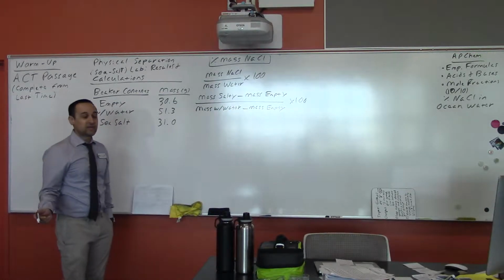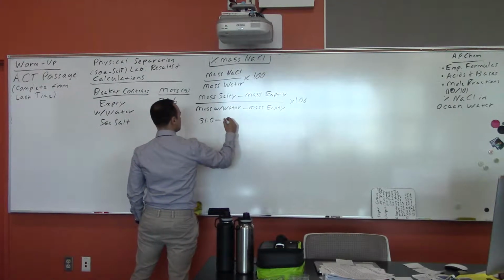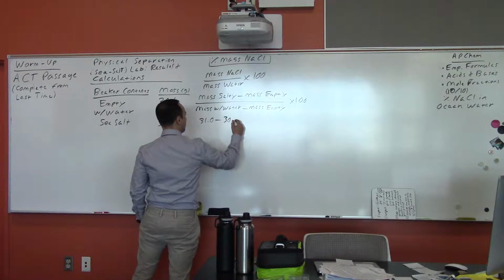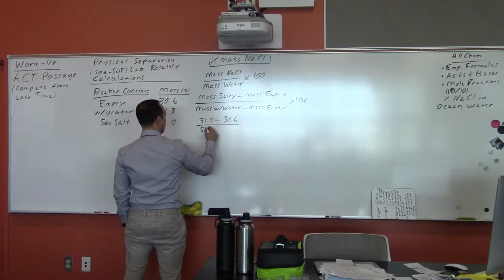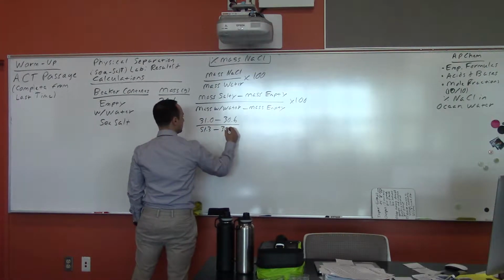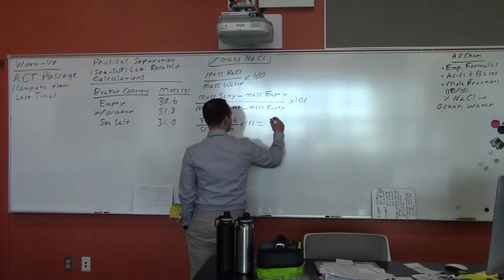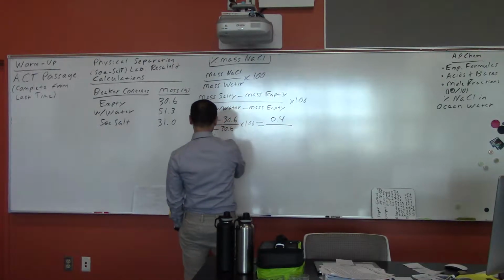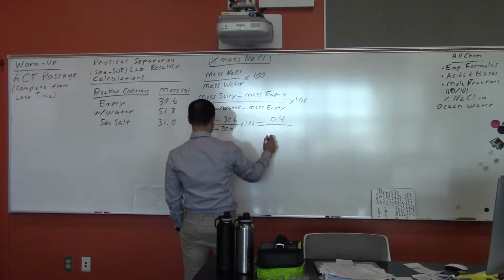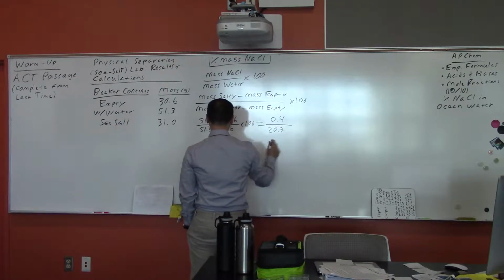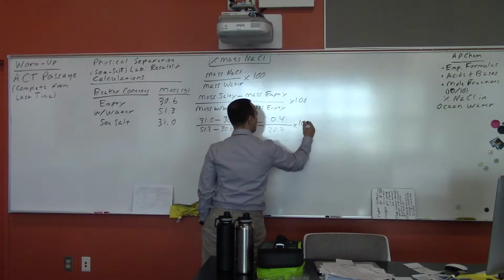Okay, so let's go ahead and do the calculation. So we get 31.0 minus 30.6 divided by 51.3 minus 30.6 times 100. That equals 0.4 divided by 20.7, times 100.